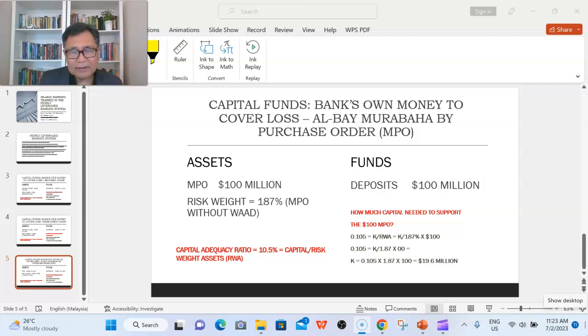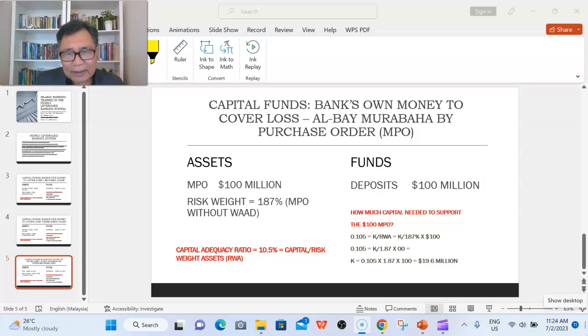And this is again a sale product whereby the bank will receive a purchase order from the customer who intends to buy or to own a certain machinery or a certain equipment that comes under object finance, and this transaction is documented in the CAFIP 2019. CAFIP is the Capital Adequacy Framework for Islamic Banks 2019, published by Bank Negara Malaysia.